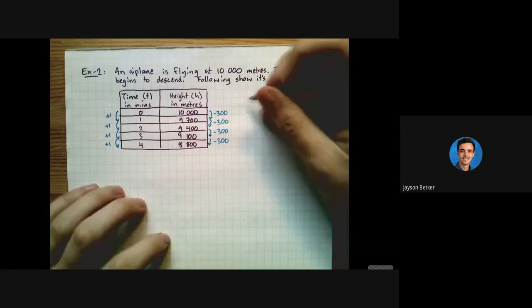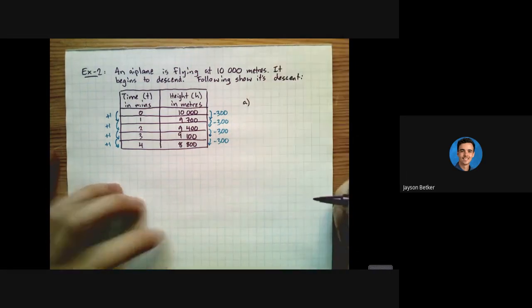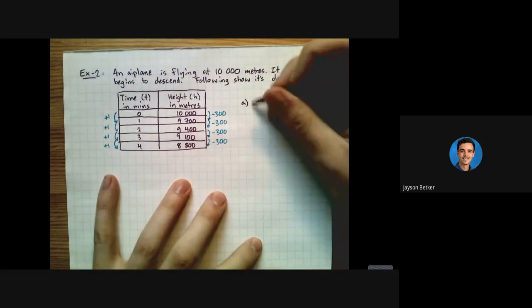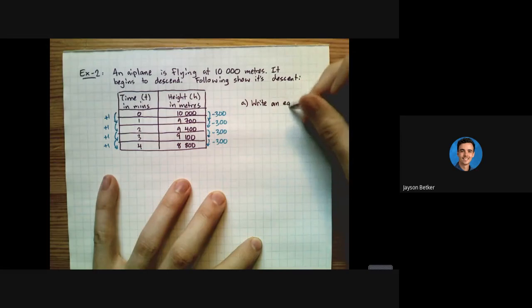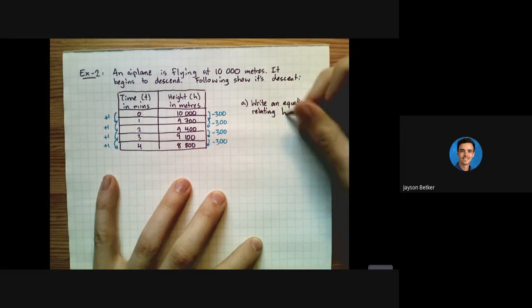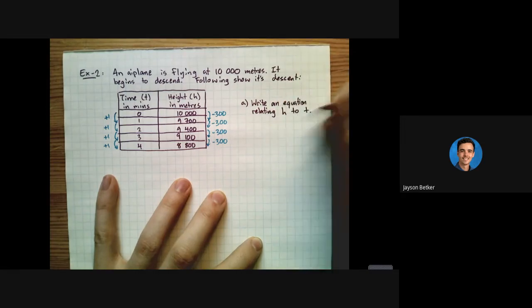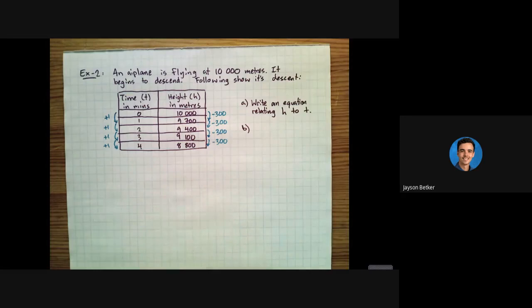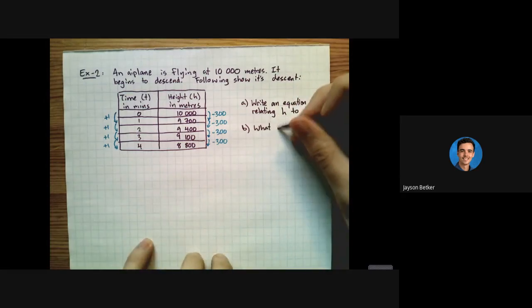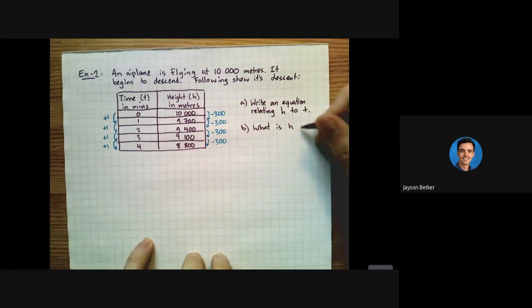So our questions are A, write an expression or an equation relating the height to the time. So write an equation relating h to t. And then what is the plane's height? What is h after 20 minutes?